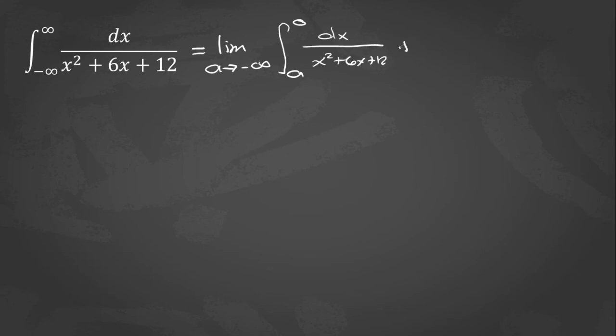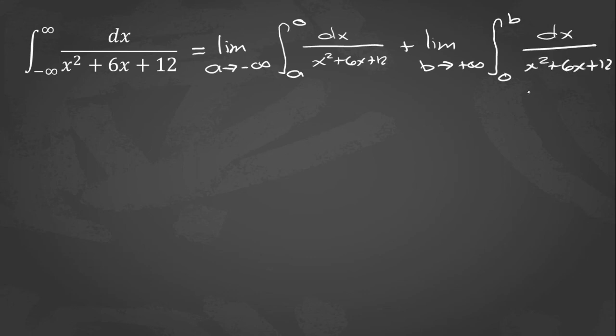And our second limit, the limit as b approaches positive infinity, evaluated from 0 to b, of dx over x squared plus 6x plus 12.